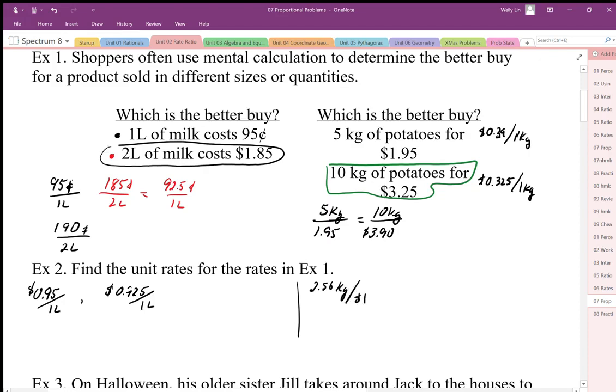Then I can do 10 kilograms divided by $3.25, and I get 3.07. I'm going to round that to 3.08 kilograms for $1. So again, this works out to be a better deal because we get more for each dollar.